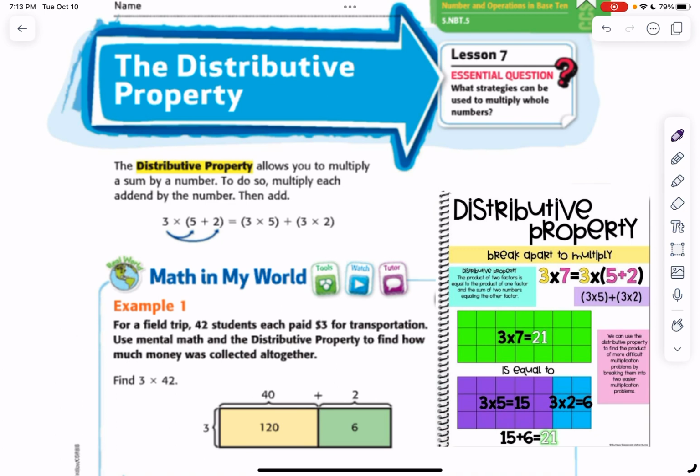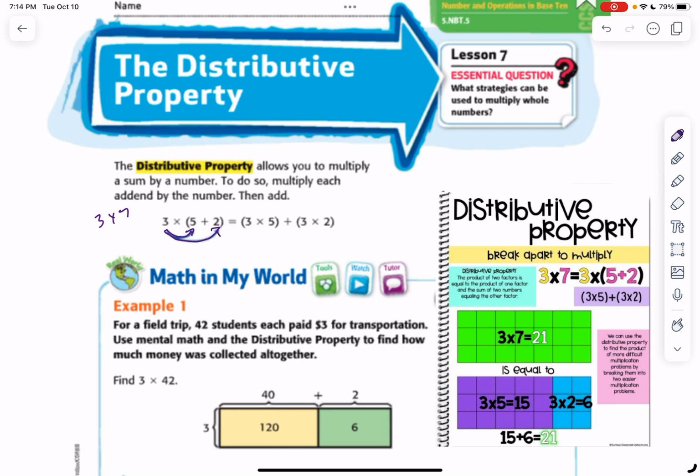So if I break apart, for instance, right here, perhaps this had originally been 3 times 7, and they broke 7 apart into 5 plus 2. Then you need to multiply the 3 times the 5 and the 3 times the 2. You could also add those back up and do 3 times 7, but if they're larger numbers, what if it was 3 times 32?